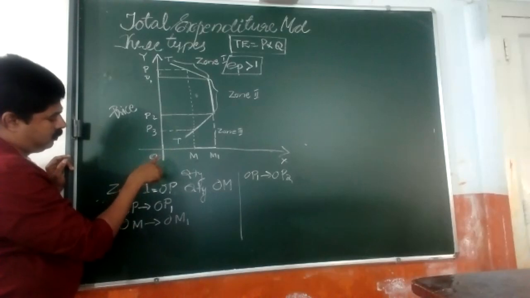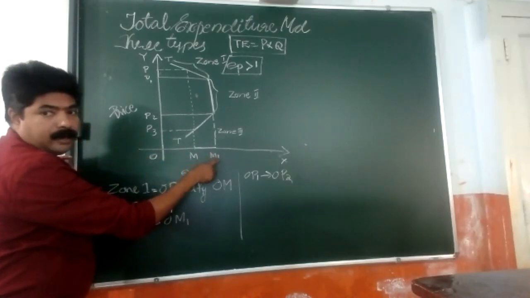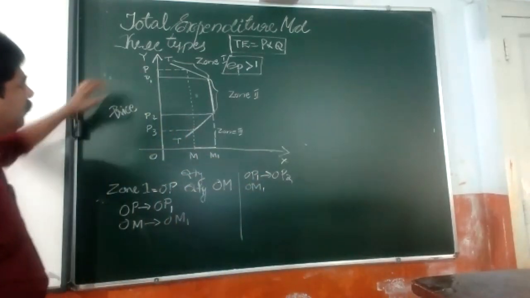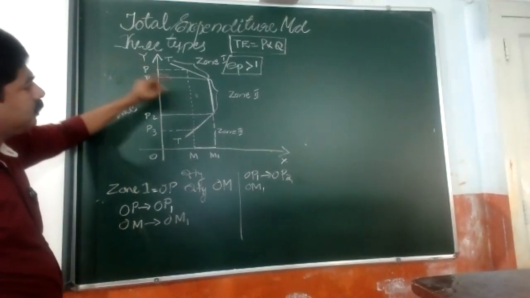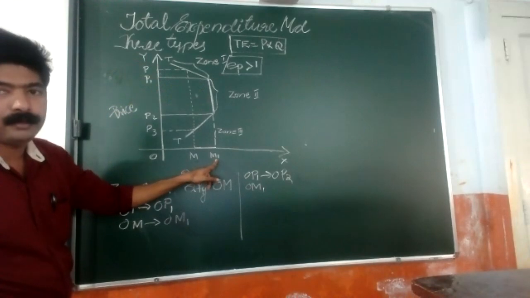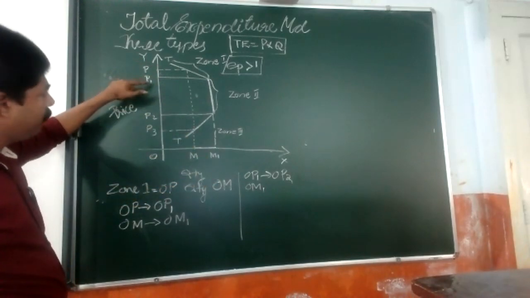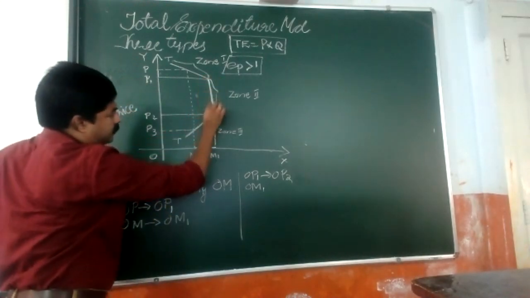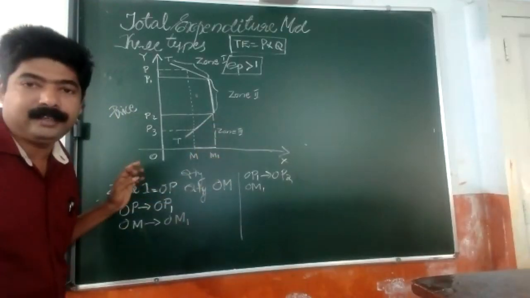Quantity is OM1. Now look, at price OP1, our total expenditure is OM1. Again, when price falls from OP1 to OP2, the expenditure is still OM1 only. Did you understand?